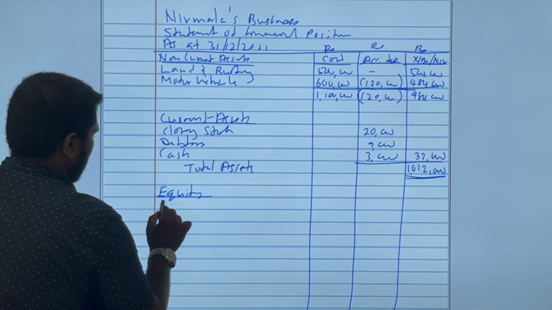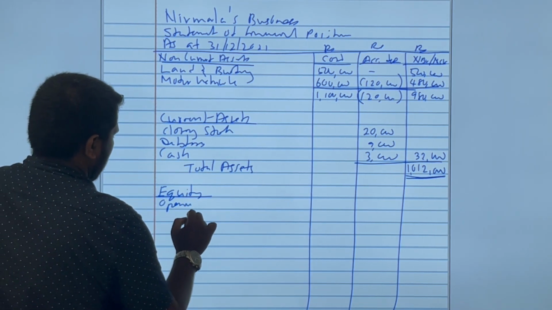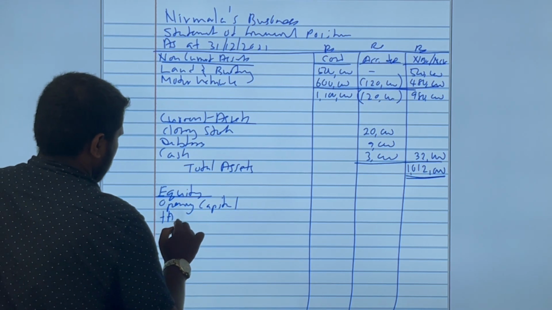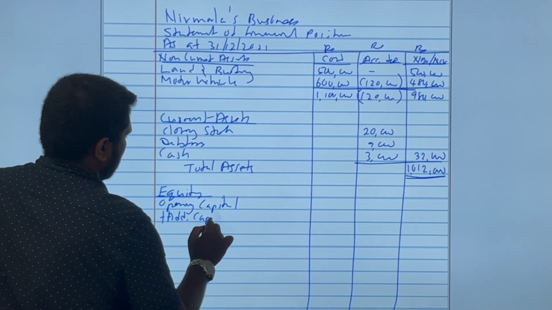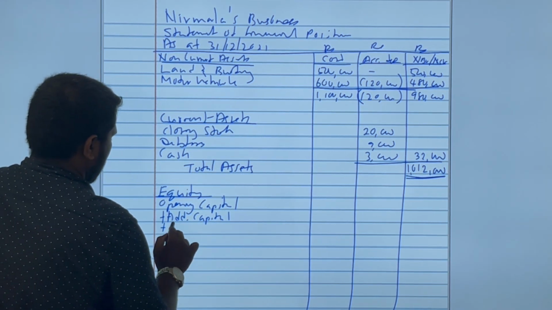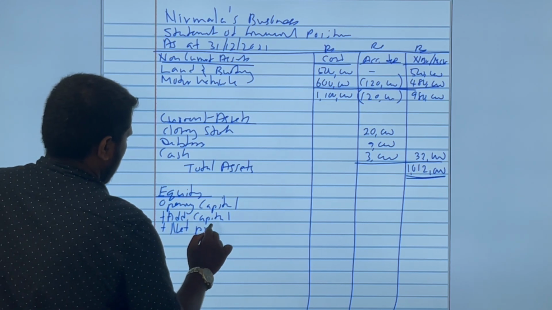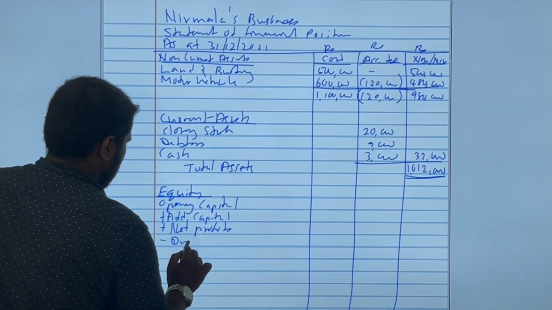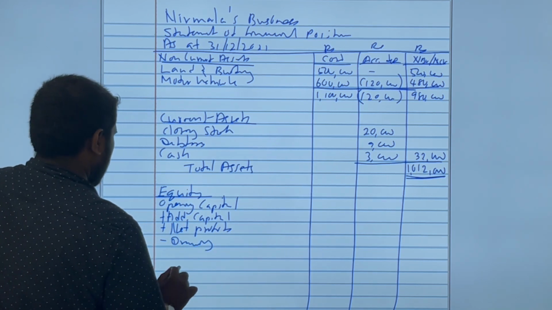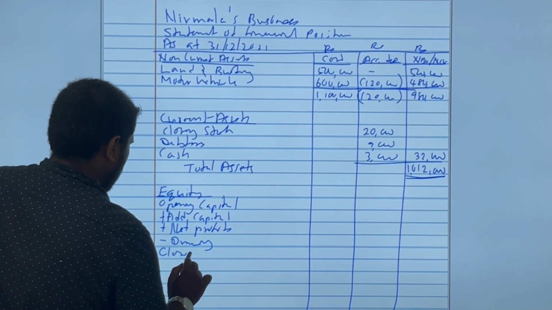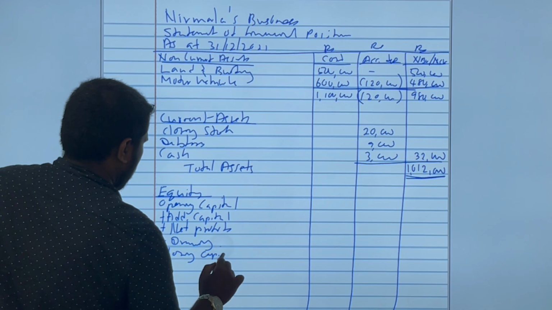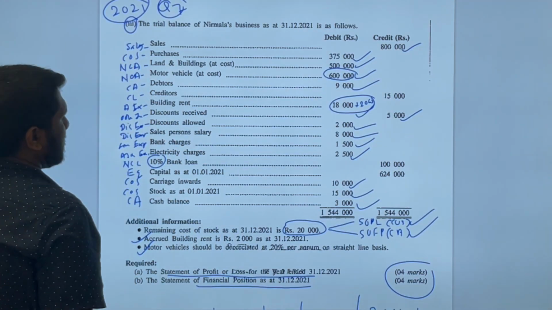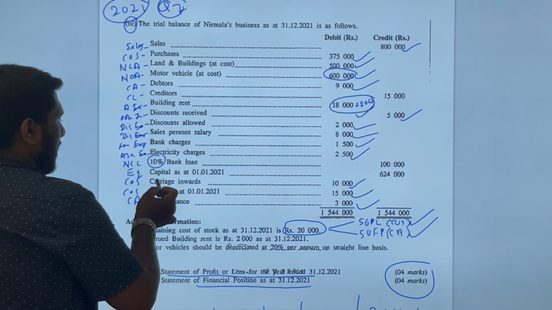Now let's take the equity. Under equity you have to take the opening capital plus additional capital plus net profits minus drawings is the closing capital. Okay, so opening capital, how much is there in this question?